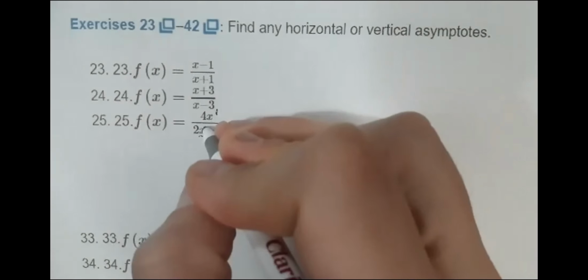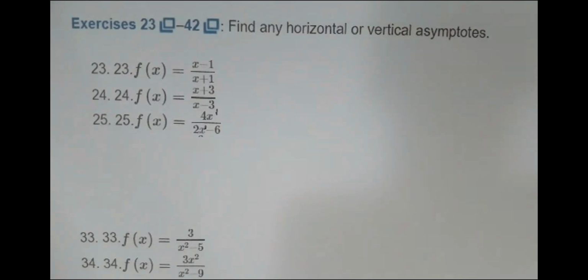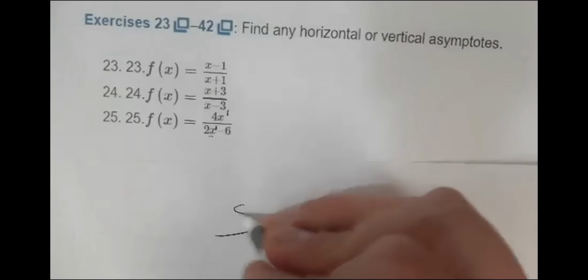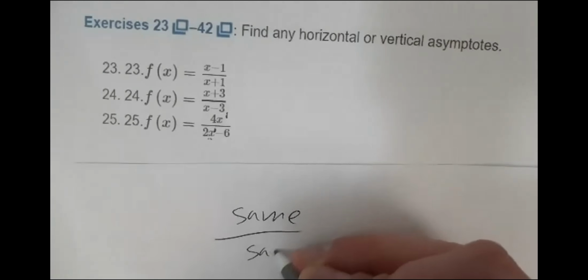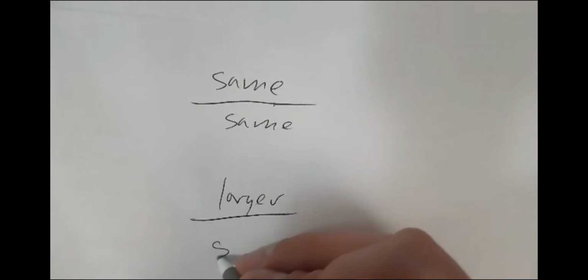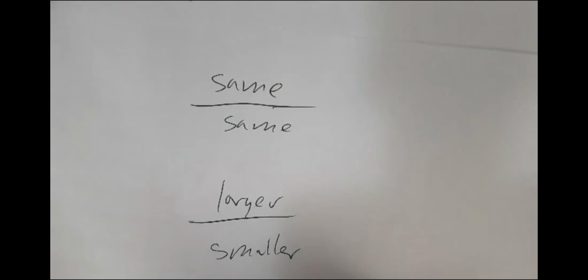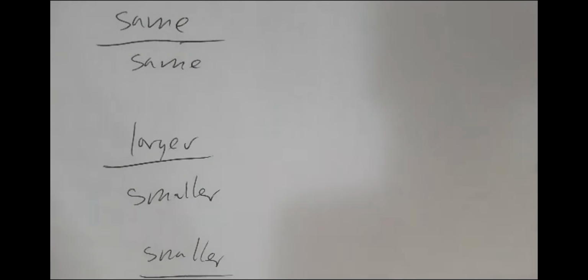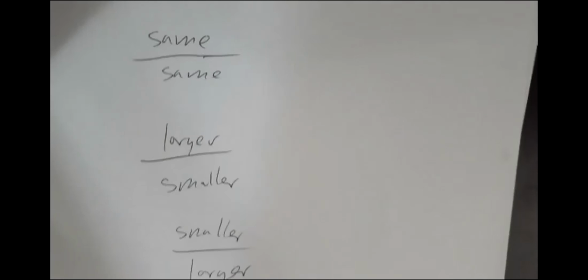So this is a degree 1, and this is a degree 1. You might notice this is the same degree. Same degree has a rule. Larger on top, smaller on bottom has a different rule. Smaller over larger has another. This is a quick recap of the rules.